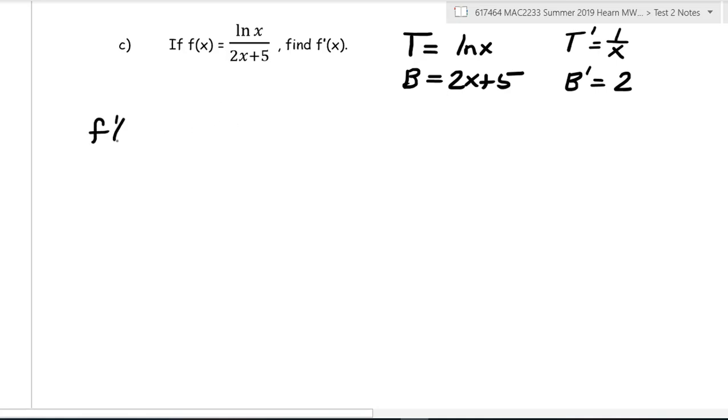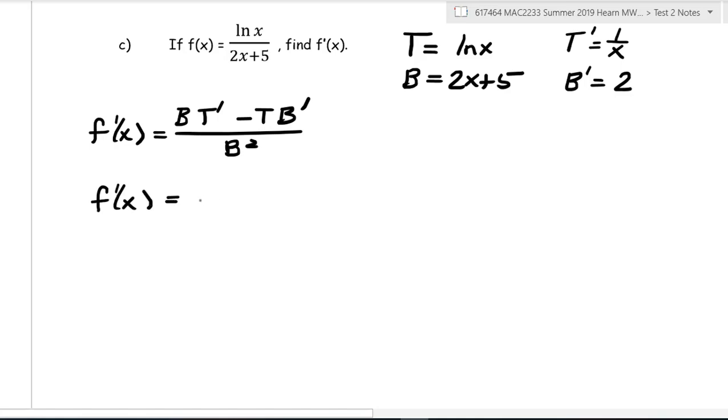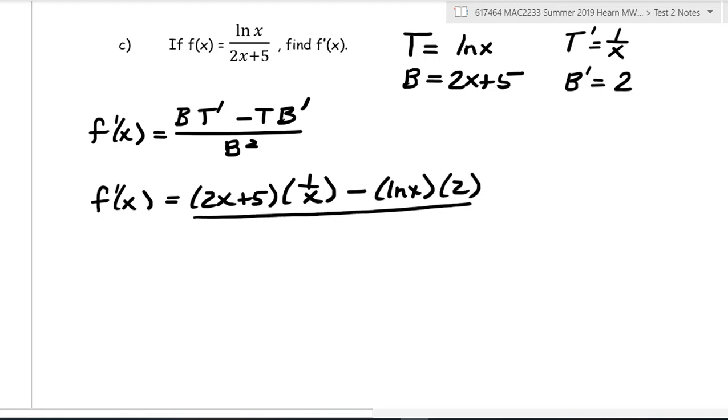So f prime of x is going to be bottom d top minus top d bottom over the bottom squared. So that means f prime of x is going to be 2x plus 5 times 1 over x minus the natural log of x times 2, divided by the bottom squared, which is 2x plus 5 squared.